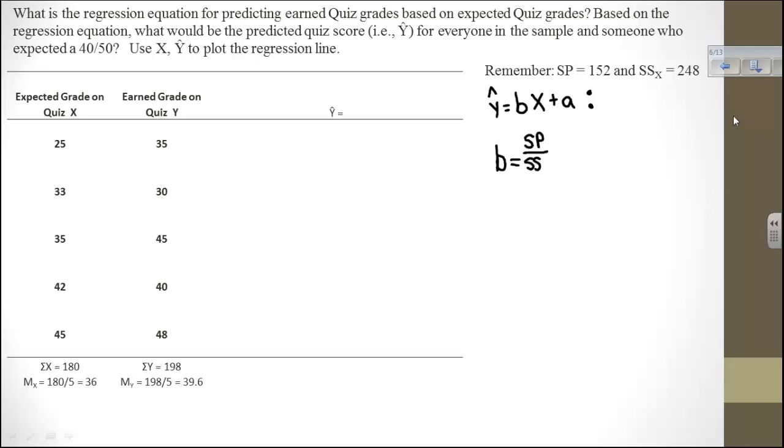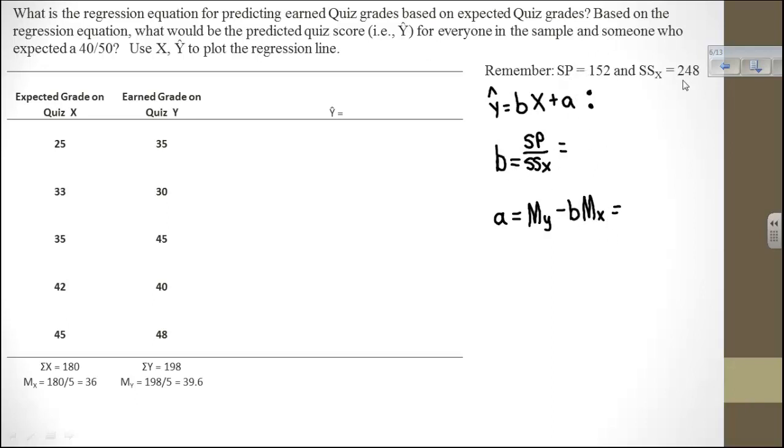Both values were found when we did our correlation. And then a, our constant in this, is equal to the mean of y minus b times the mean of x. You have to find b first before you can find a, because b is part of a.